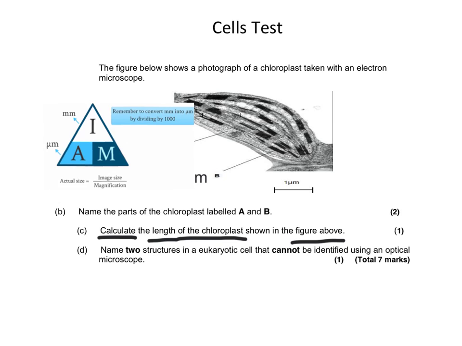Okay, so we can now look at what we need to do. For the length of the chloroplast, you're going to need to measure the image in millimeters. And you need to know the length of the bar as well, so measure that in millimeters too. Then you take the length of the chloroplast divided by the length of the bar.